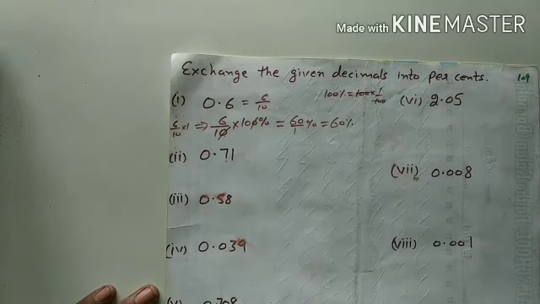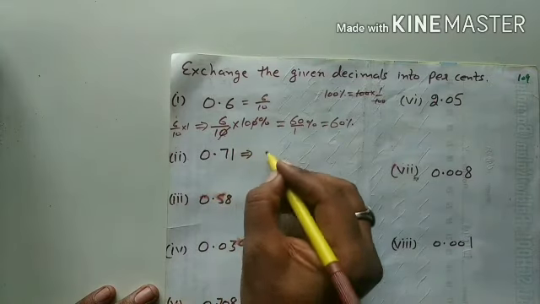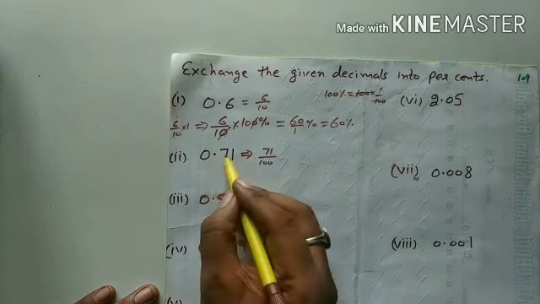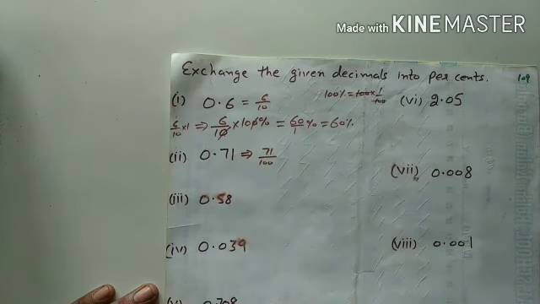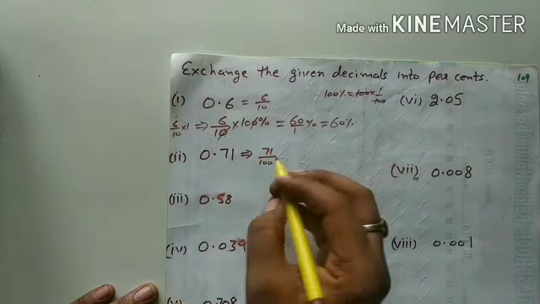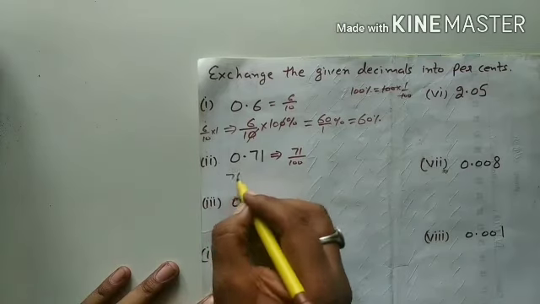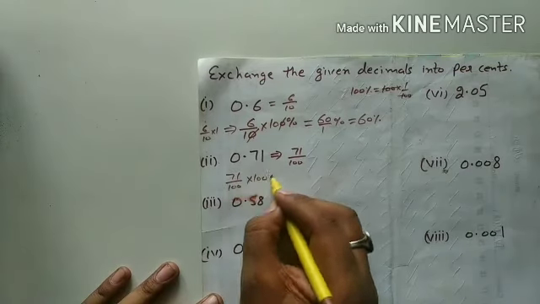Now second question. 0.71 can be written as 71 over 100, because after decimal how many digits are there? 2. So I will write 2 zeros with 1. So 100. Now I will have to convert this into percentage. So I will write 71 by 100 into 100%.